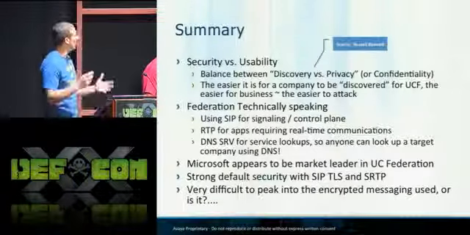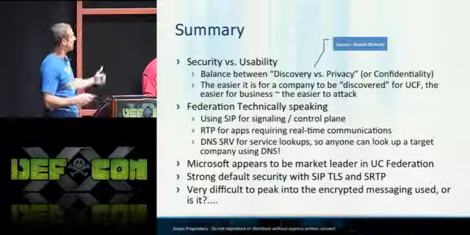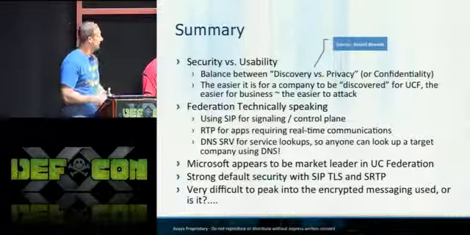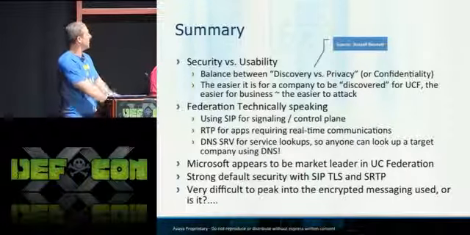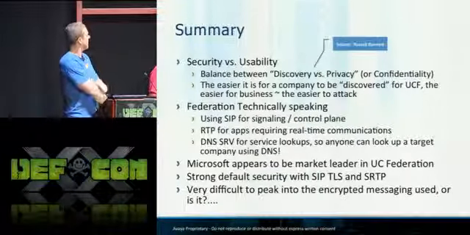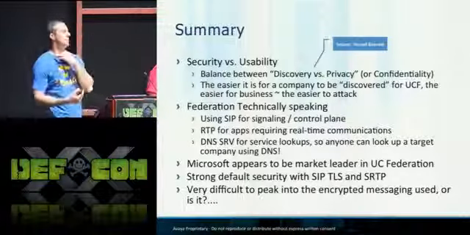So it's always the balance between discovery versus privacy. When you turn on federation, it's easy to be discovered, but it's also easier to get attacked. Now let's look at UC Federation technically.